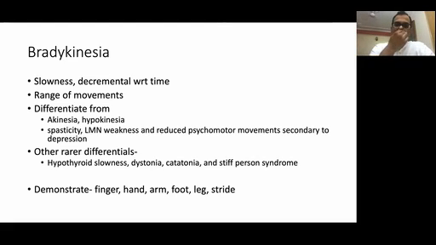Now, akinesia and hypokinesia are very close terms which may mimic bradykinesia, but they are slightly different.